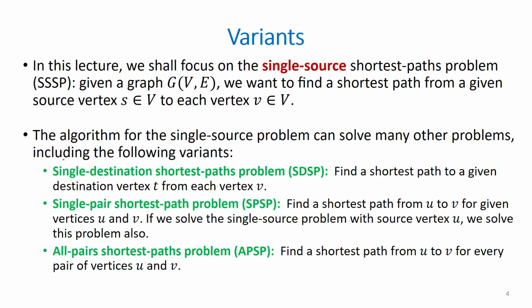We can use them to find single destination shortest paths, where we are interested in all the shortest paths to a particular destination vertex in the graph. Also, solving the shortest path problem between two specific vertices, and finally, for every u,v pair in the graph.